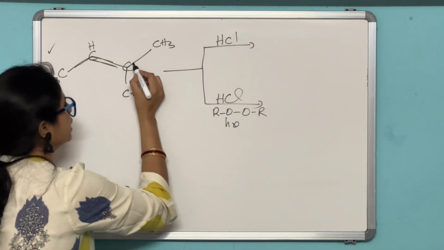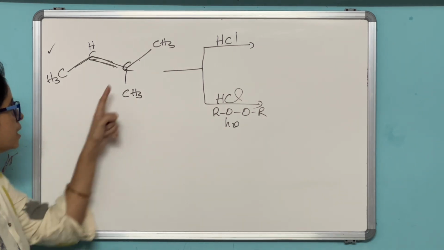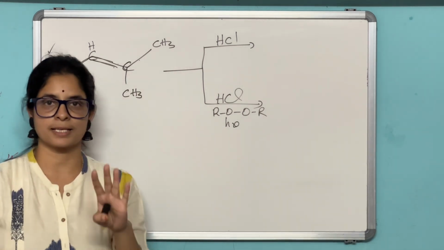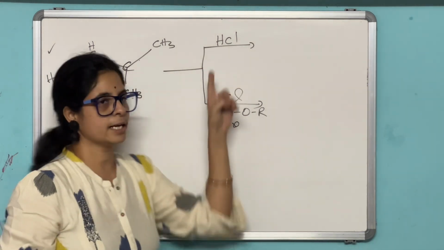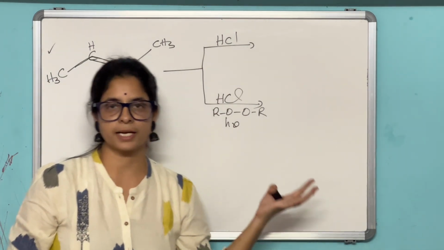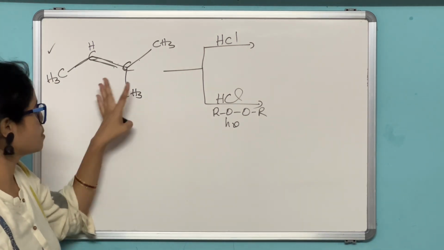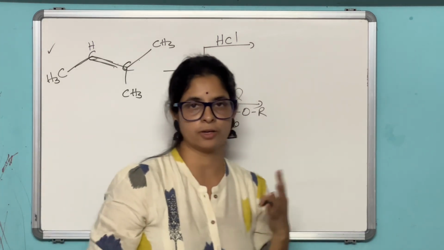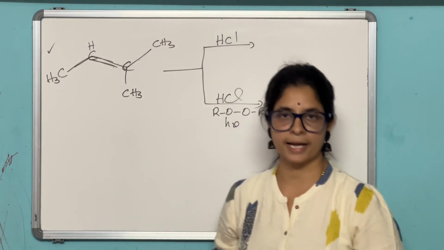Here 1, 2, 3, 4 around this carbon. So the 4 bonds of carbon are satisfied, so there is no hydrogen at this place. So with HCl, whether peroxide is given or not given, the addition takes place through Markovnikov's rule, because the peroxide effect is not applicable for HCl.